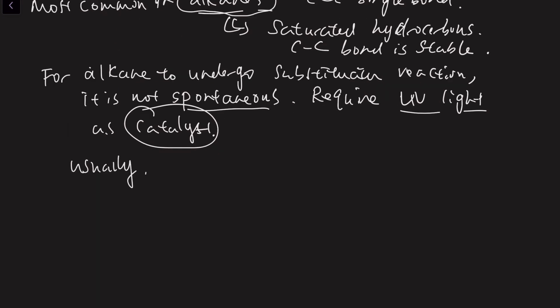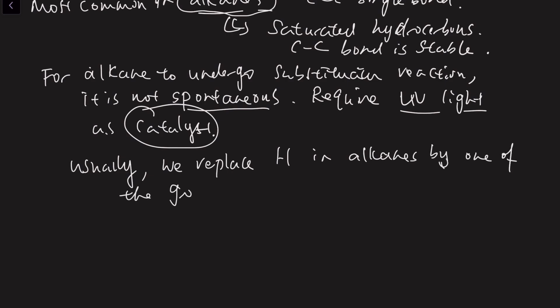And usually, we replace hydrogens in alkanes by one of the group 17 atoms, so the halogens.